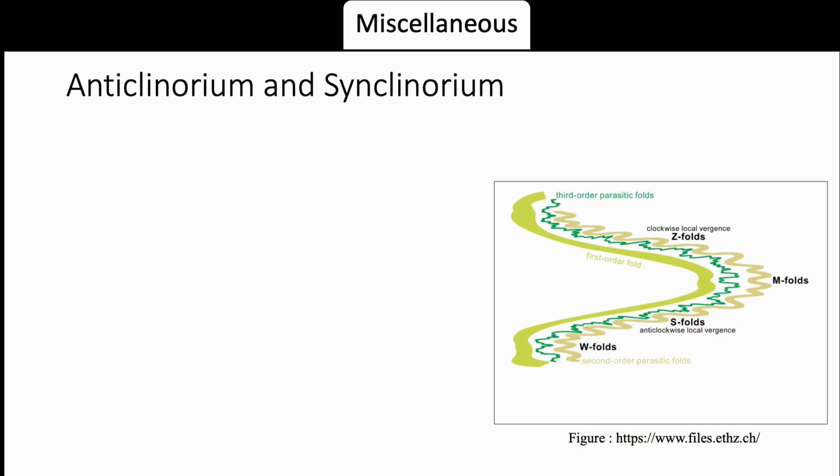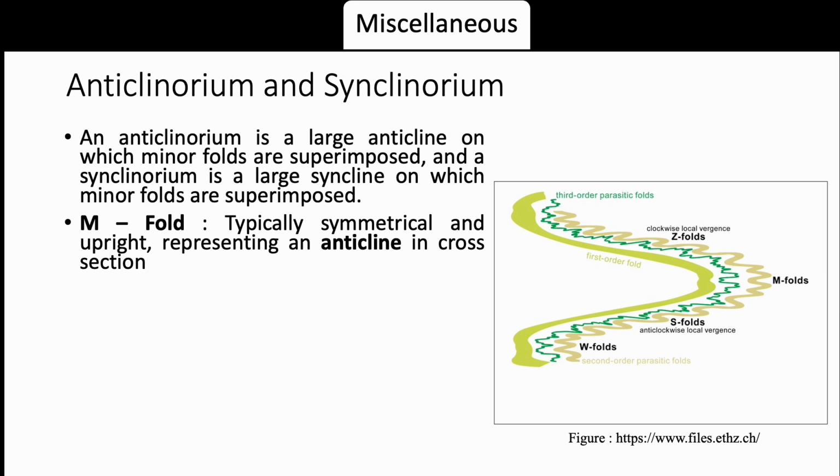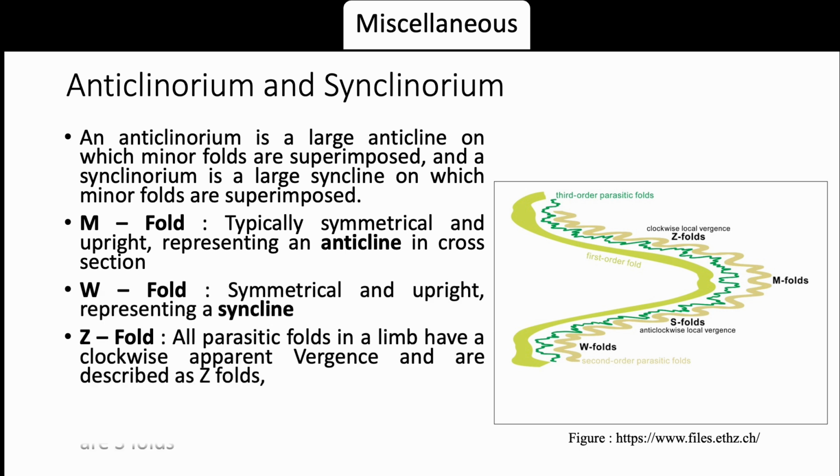In the previous slide, we discussed parasitic folds. Now we discuss anticlinorium and synclinorium. An anticlinorium is a large anticline on which minor folds are superimposed, and a synclinorium is a large syncline on which minor folds are superimposed. In these, we have different small fold types.